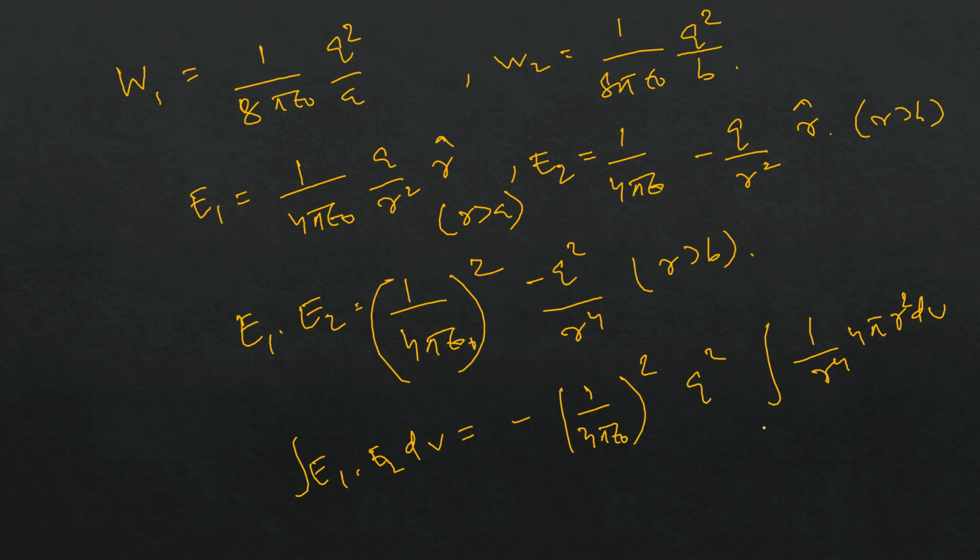And the limit will be B to infinity because it's outside. If you calculate this, minus q square by 4 pi epsilon naught whole square, 1 by B. This will follow the same pattern. And W total will be W1 plus W2 plus epsilon naught E1 E2 dV.